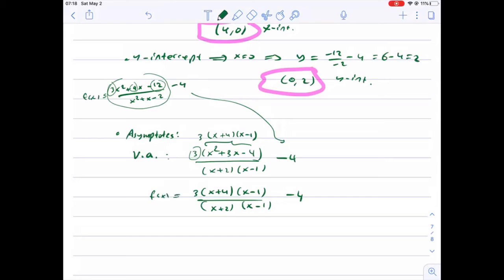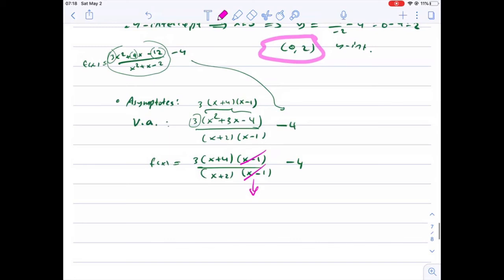Now we cancel the like term, I mean x minus 1, but when we cancel or remove this, we have the zero of this, the value of x that makes the removable expression equal to 0, which is called a hole.